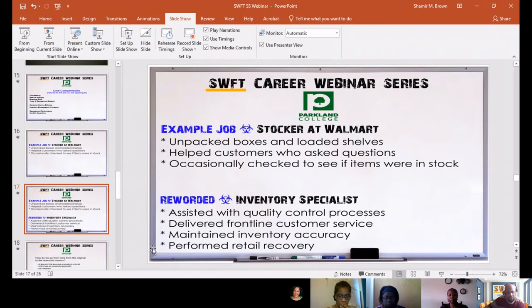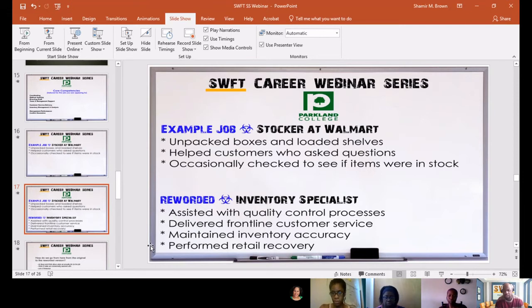This matches up to what I want in my company. Even if it's not an exact match, I know they understand the idea of quality control or the idea of inventory accuracy. So even if it's not in a store, if it was at a cable company doing technical support, they know that I can keep track of how many cable boxes we have out in a given area.